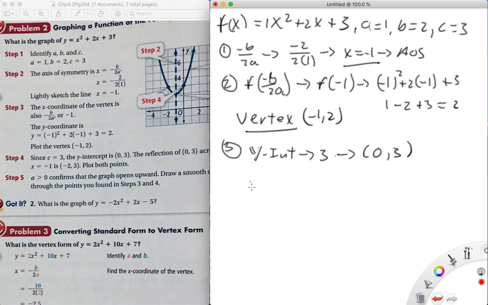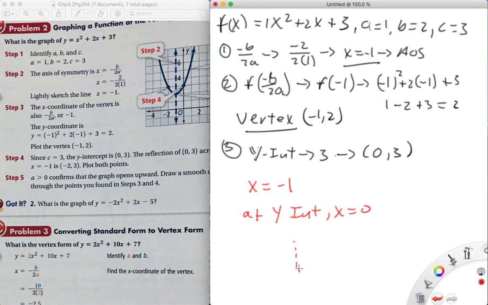So if my axis of symmetry is at x equals -1, and my y-intercept is at 0, or x is 0 at the y-intercept, I can count the distance from the axis of symmetry to the y-intercept.